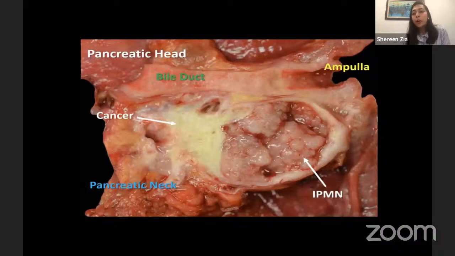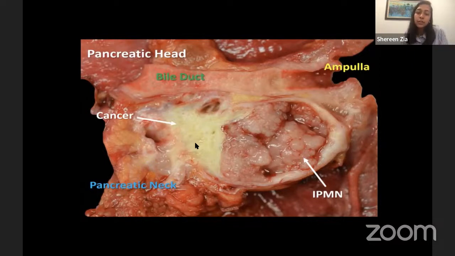So as we were talking about in the scenario, when you diagnose somebody with IPMN, you have to also identify if there is a cancer associated with it. If there is a cancer on gross, you can see they're more infiltrative and solid, and they're definitely different in appearance than the fleshy papillary excrescences that you will see in IPMN.